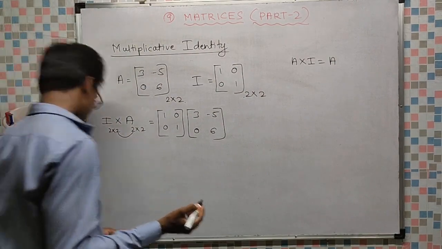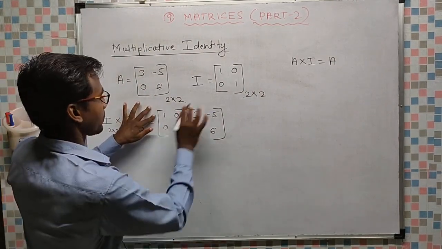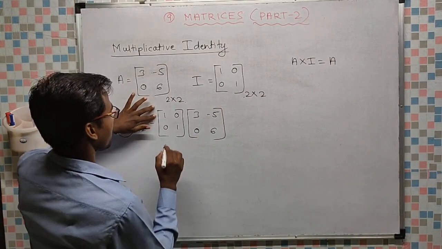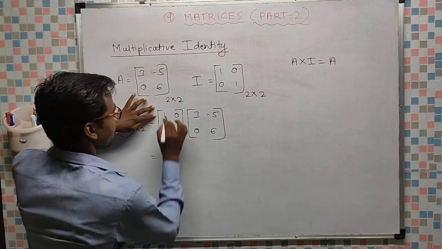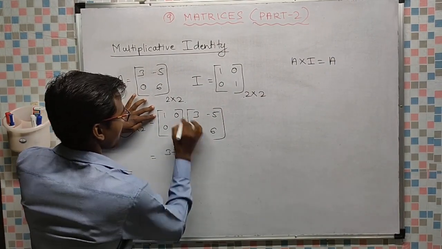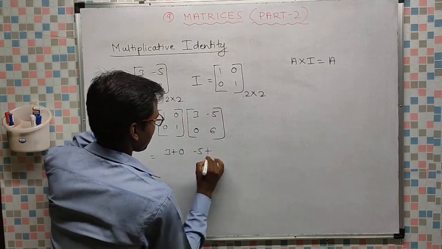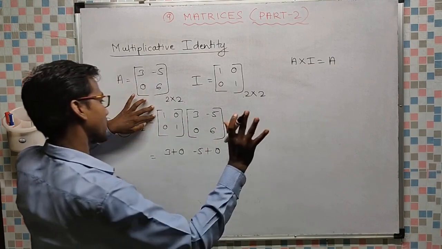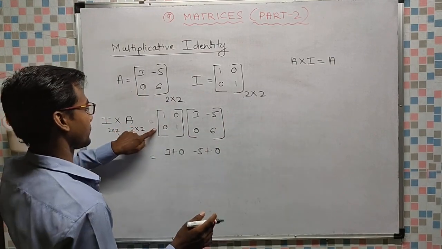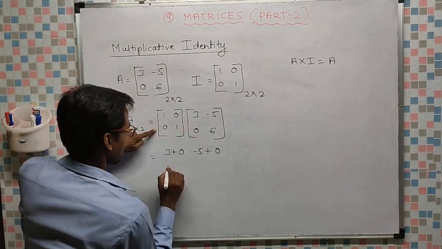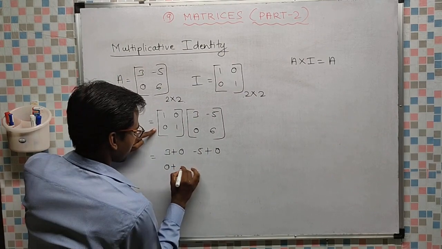You know how to multiply. First row into each column. 1 into 3 is 3, 0 into 0 is 0. One element. 1 into minus 5 is minus 5, 0 into 6 is 0. All the columns are over. Now move to the second row. 0 into 3 is 0, 1 into 0 is 0.